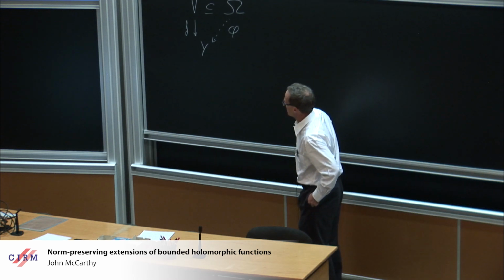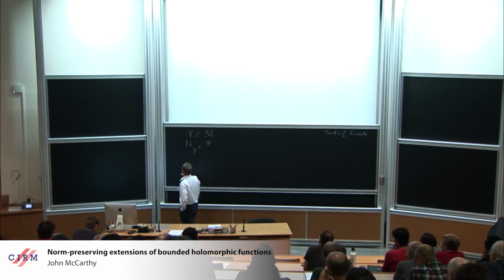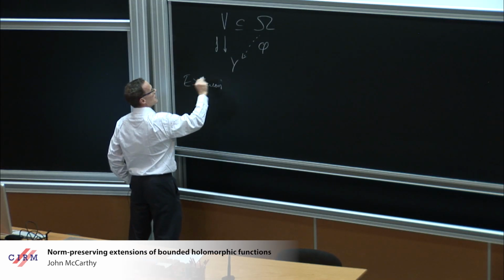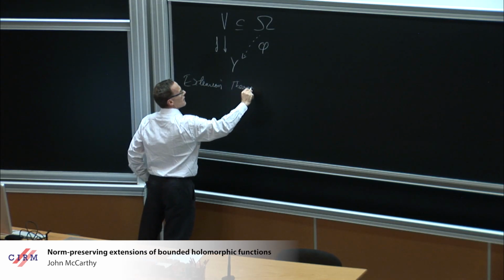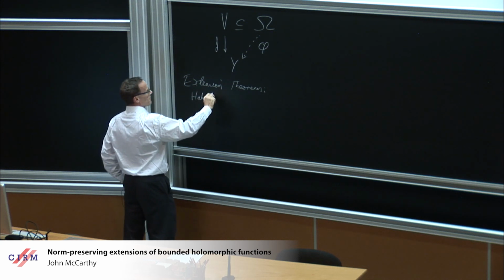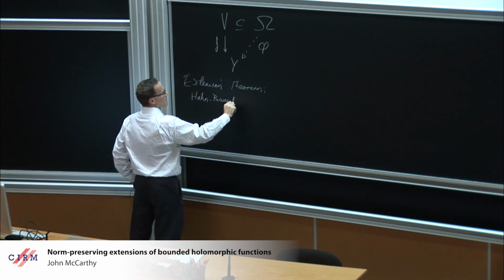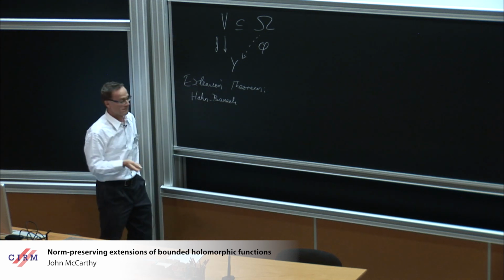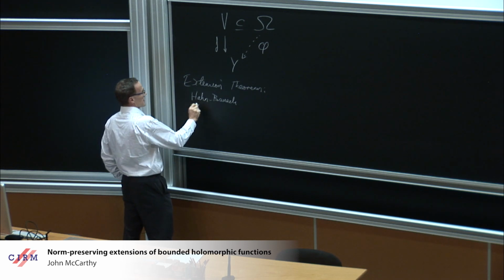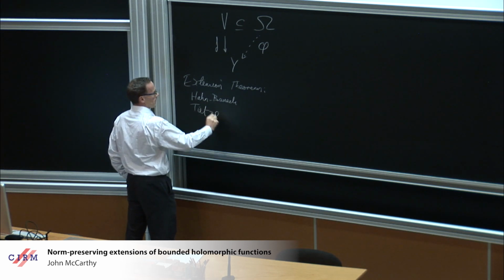So there's many, many examples of extension theorems. Let me just give a couple that everyone's heard of. For instance, there's the Hahn-Banach extension theorem. If you haven't heard of the Hahn-Banach extension theorem, you're in the wrong room. There's, let's see, the Tietze extension theorem.